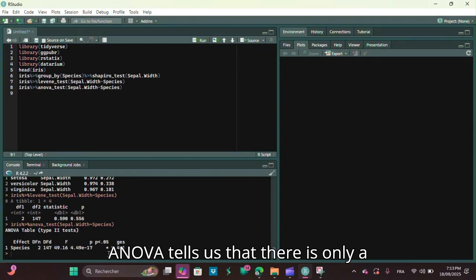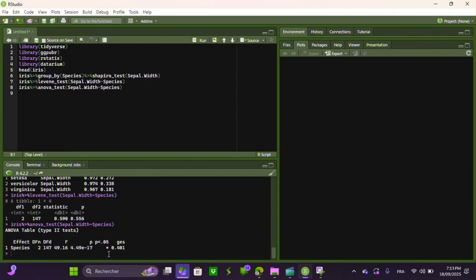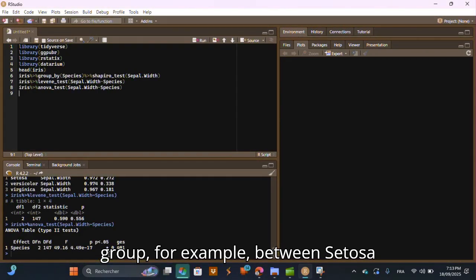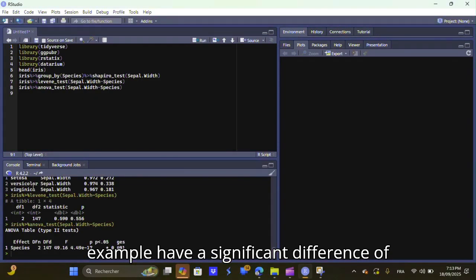ANOVA tells us that there is only a significant difference, but we don't know which groups differ, for example, between Setosa and Virginica, or Virginica and Versicolor, or all groups have a significant difference of means.